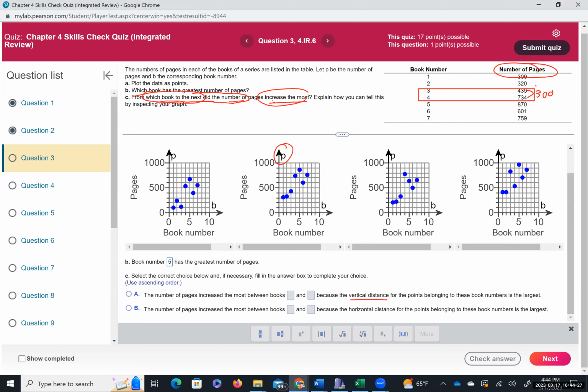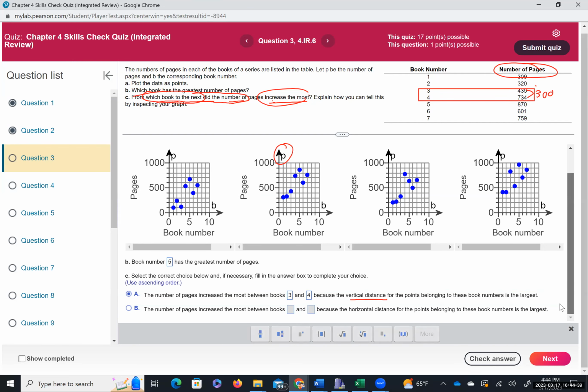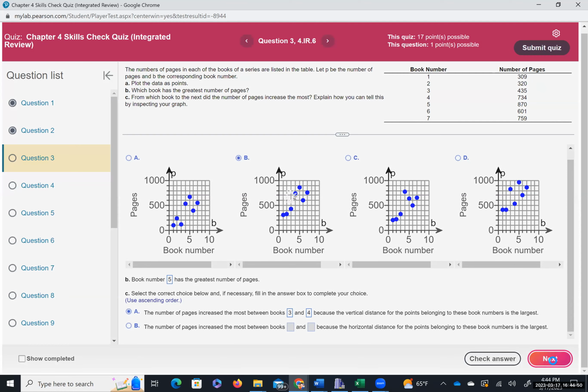So I'm gonna choose A, and I will answer here as between the book at 3 and 4, and then I'm gonna check the answer. There you go. Let's move to the next one.